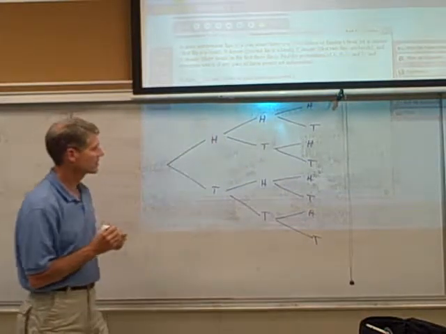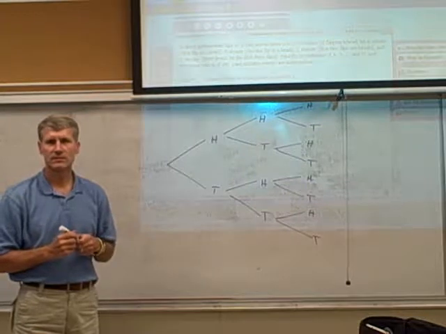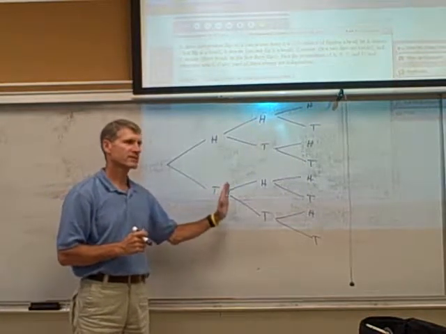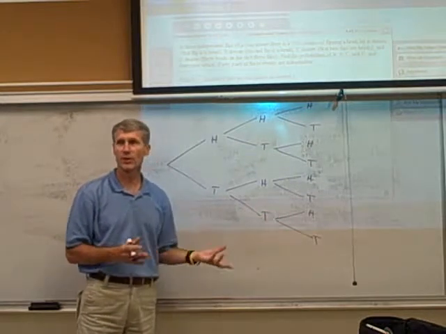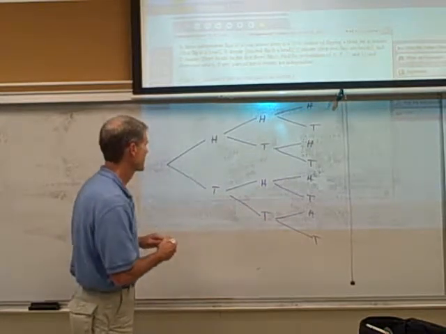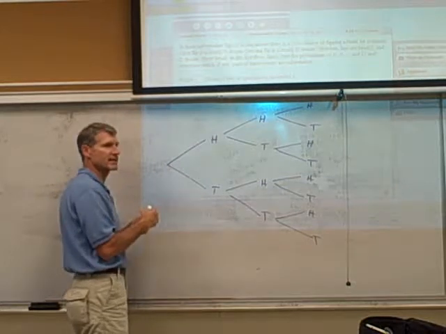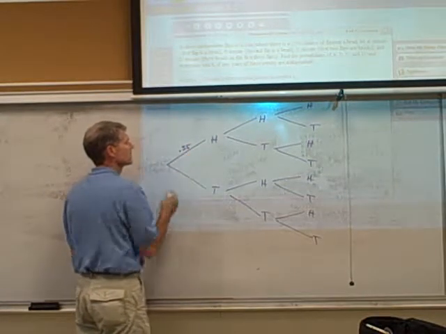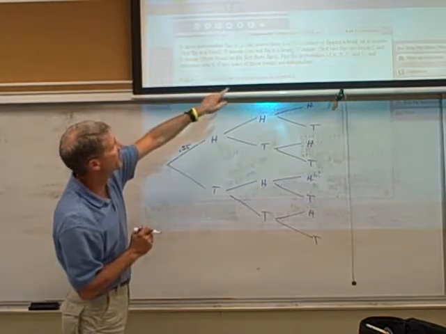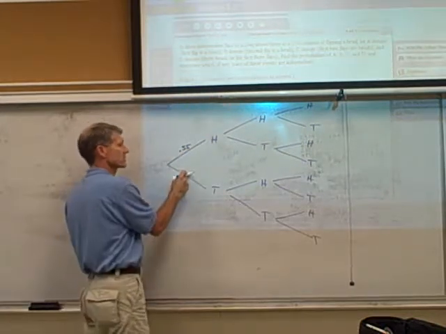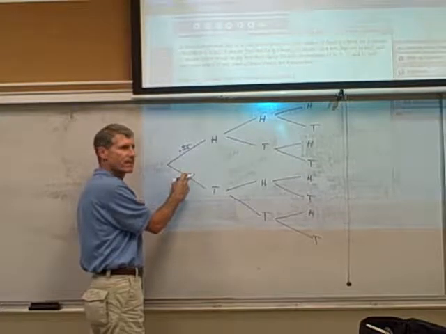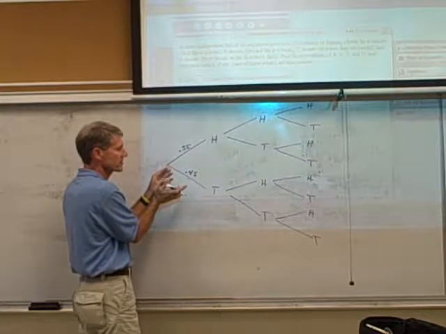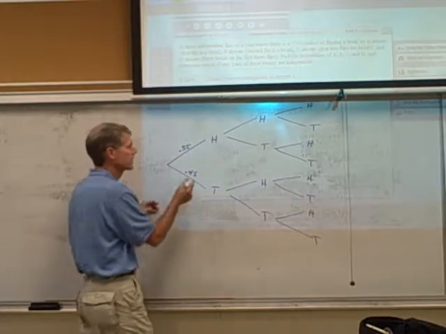And how many branches are there? 8 of them. 2 times 2 times 2, 2 to the third, or 8, right? Now, on a tree diagram, we showed last time how you can put on there the probabilities, and it says we have a 55% chance of flipping a head. So what's the chance of flipping a tail? 0.45. Because within any group of branches, they have to add to 1, right?